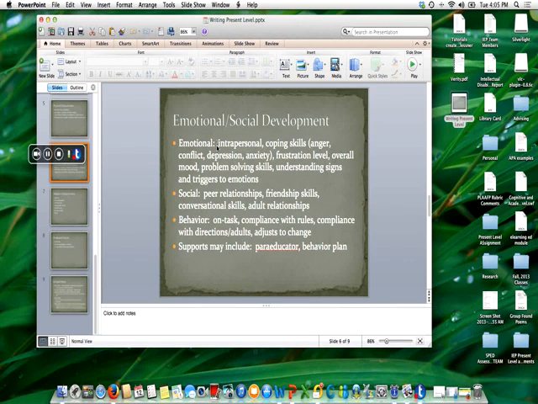For students with ADHD, you can talk about the ADHD here or maybe in the physical section. It depends on where it's impacting the child the most. Is it impacting him emotionally and socially? Or is it impacting him more just physically with physical agitation, movement, things like that?